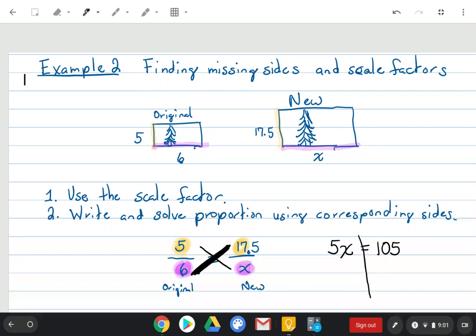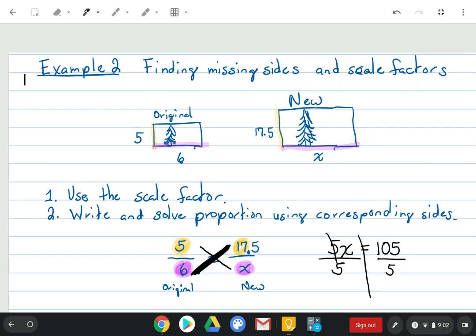We need to get the variable x by itself, and we're going to have to do that by isolating the variable. Right now, x is being multiplied by 5, so the reverse of multiplication is division. So we're going to divide by 5, but what we do on one side of an equation, we must do to the other.